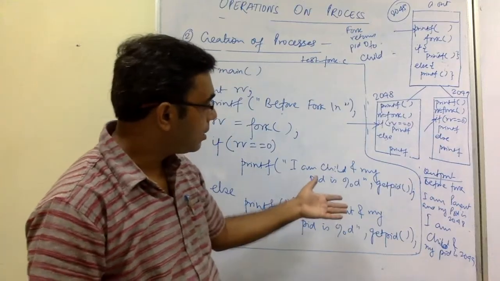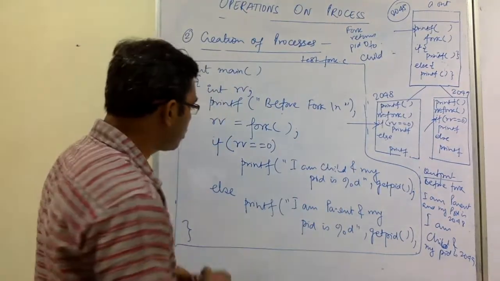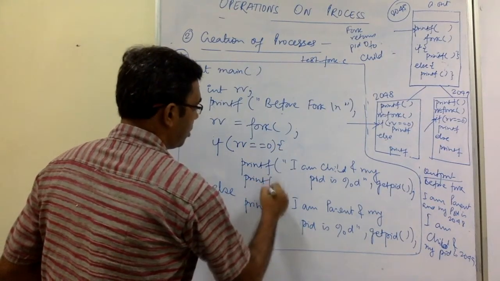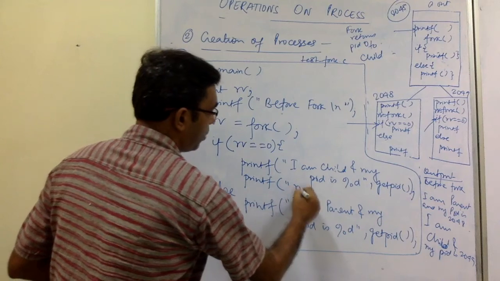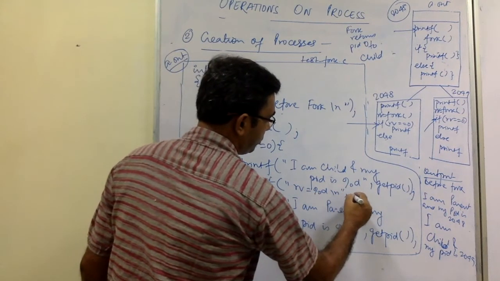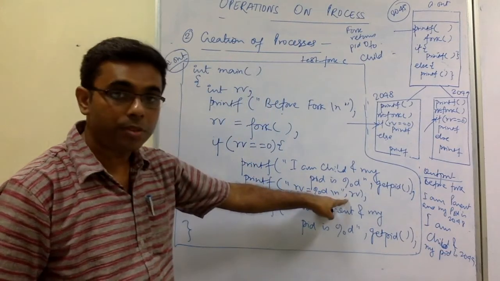Now you can add the RV value to this. If you add one more line to this if block, say a printf where you would like to print RV equal to, you will find that in the case of the child this value will be 0.